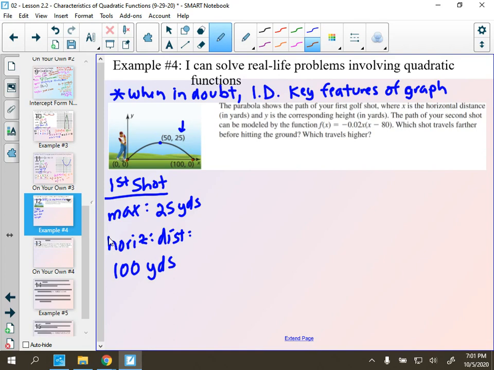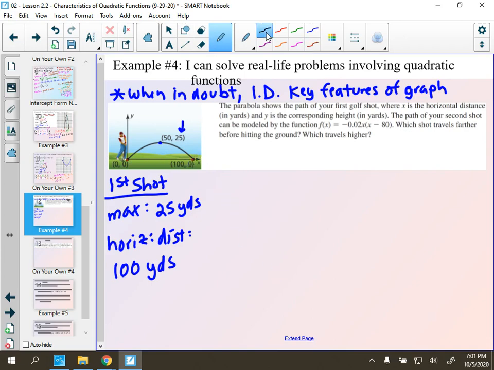The first one was awesome. We were able to tell the max height and the horizontal distance. It started at (0, 0), all the way to (100, 0). The height of 0 means it's on the ground. So the y-coordinate of 0 means it's on the ground.